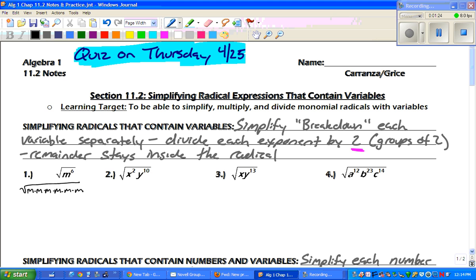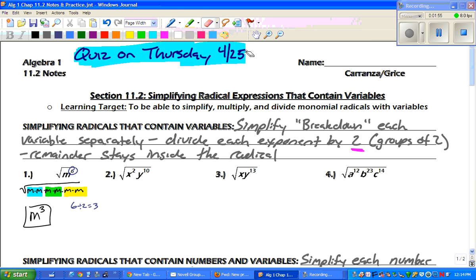I'm looking for groups of 2. So there's a group, there's a group, and there's a group. How many groups do I have? Well, I've got 3. So our answer would be m to the 3rd. What we pretty much did is we took that exponent 6, divided by 2, and it equals 3. And that's how we get our answer.